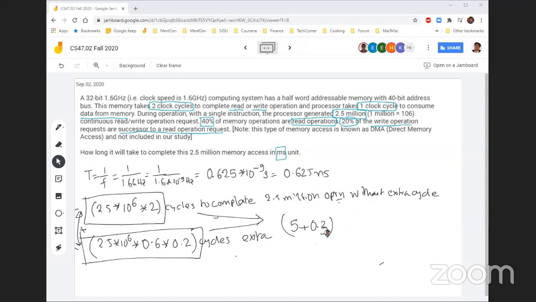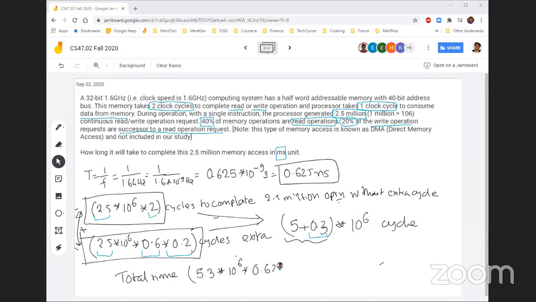So 5 plus 0.3, all multiplied by 10 to the power 6, is this many cycles. So total time is 5.3, this summation multiplied by 10 to the power 6, multiplied by our clock period, 0.625 nanosecond.